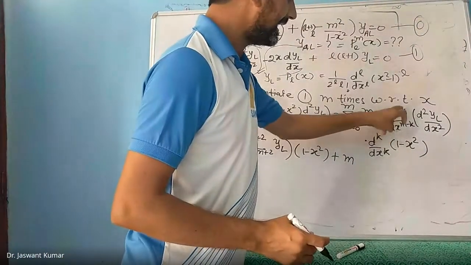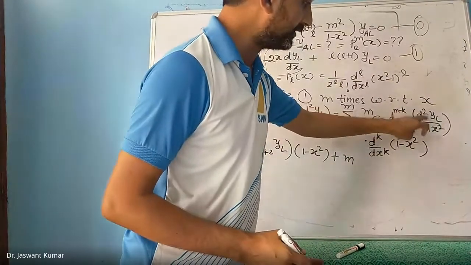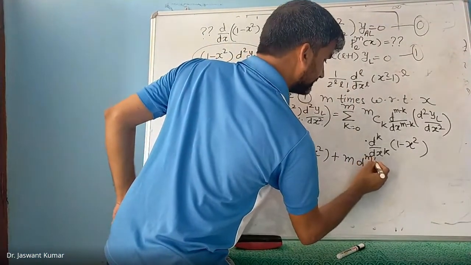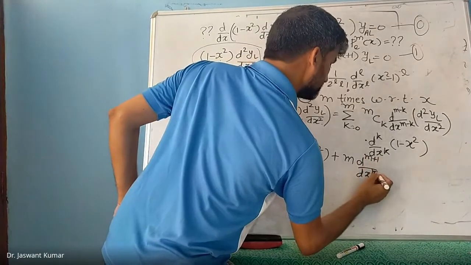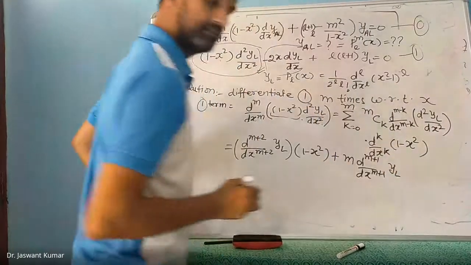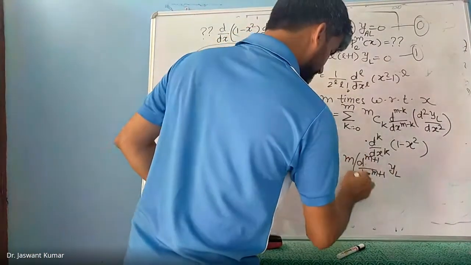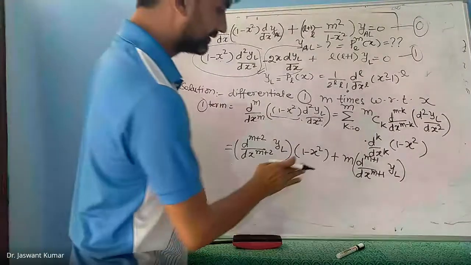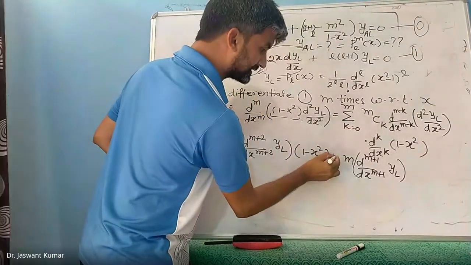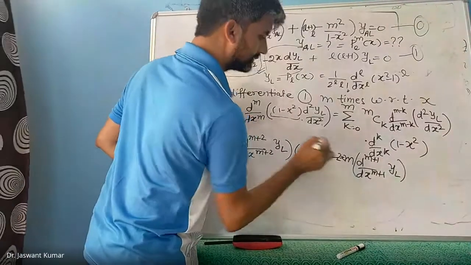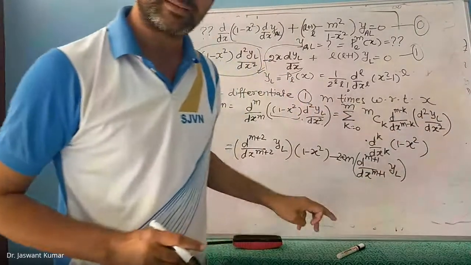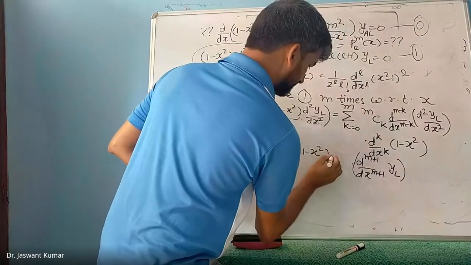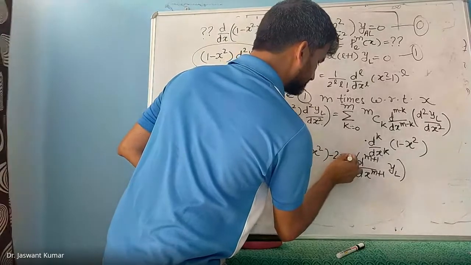Then this is d^(m-1)/dx^(m-1) acting on d2/dx2, so all of this will combine and give you d^(m+1)/dx^(m+1) of yl, times d/dx of (1 minus x square). d/dx of 1 minus x square is minus 2x. So this is minus 2 times m times x.